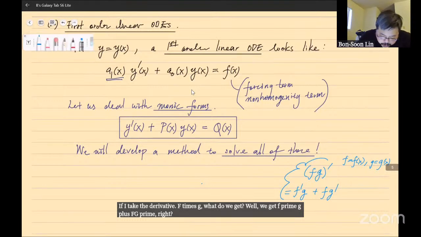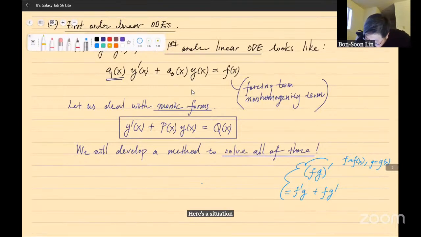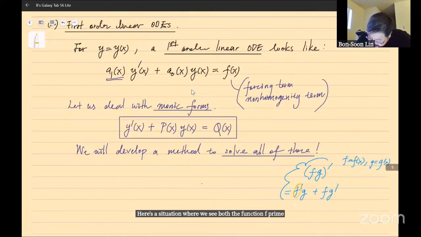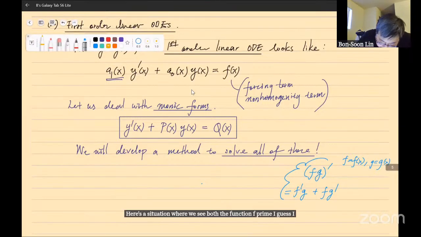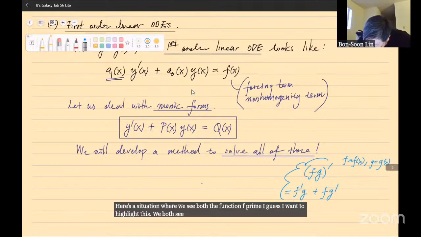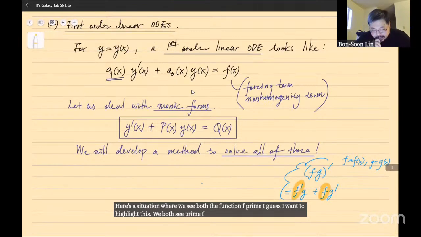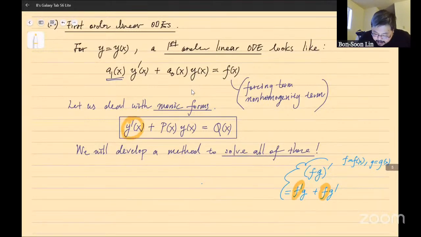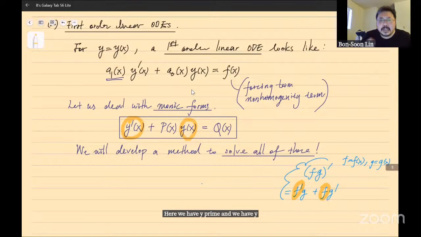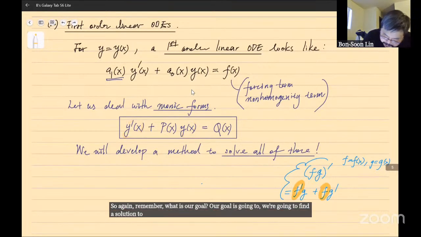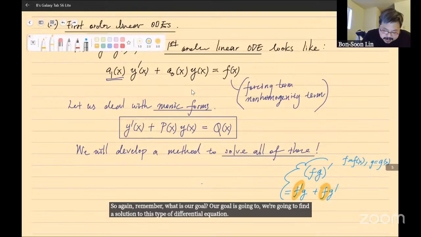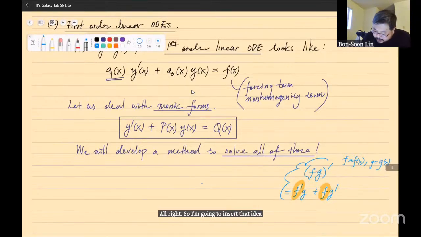Here's a situation where we see both f prime and f together and being added together. Here we have y prime and we have y. So this looks kind of like a product rule situation. So again, remember, what is our goal? Our goal is to find a solution to this type of differential equation. So I'm going to insert that idea into your head that there is some product rule looking thing going on.